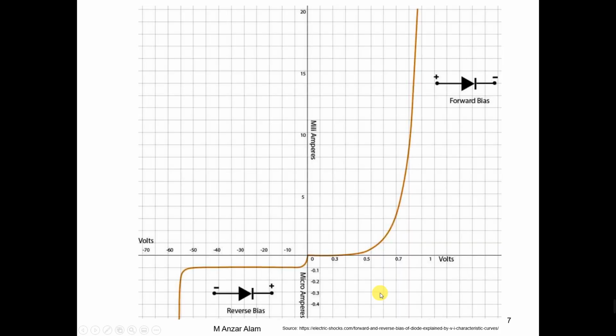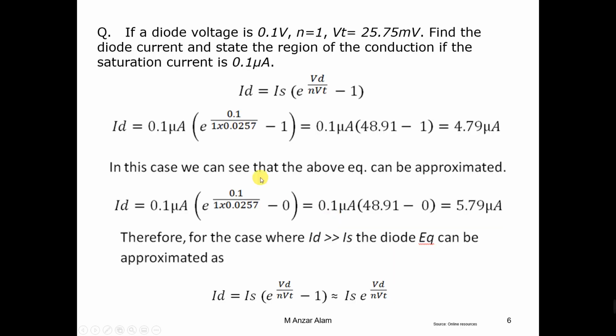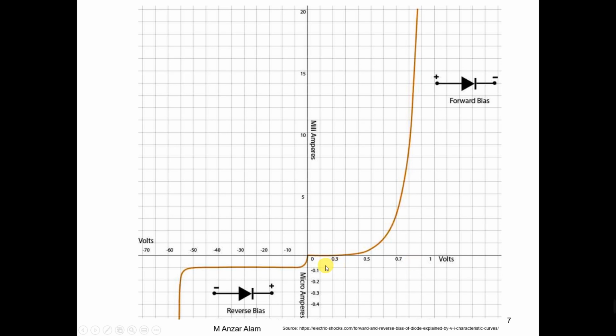Okay, we have to see the numerical example we just went through. Where is the operating point? The diode voltage is 0.1 volt, and the diode current is 5 or 6 microampere. We have to find out where the operating point is. The forward voltage was 0.1, somewhere here.